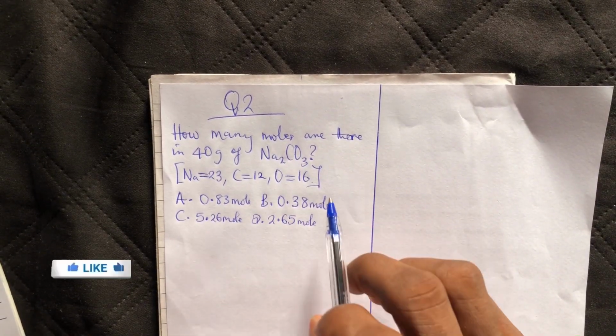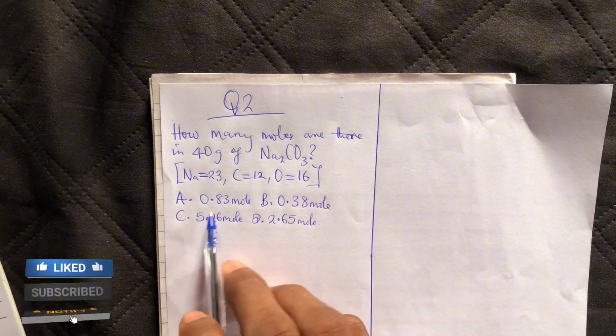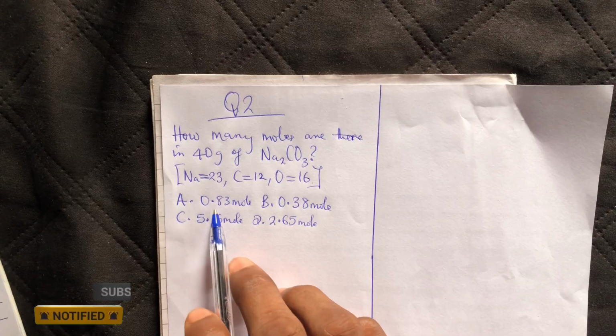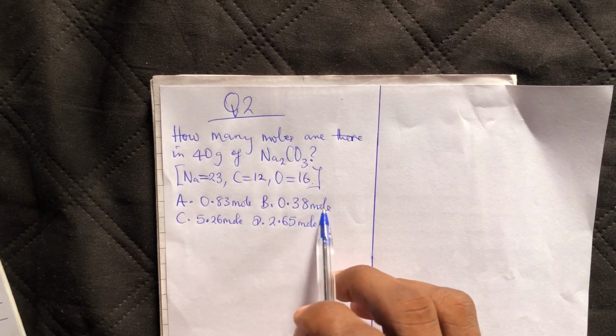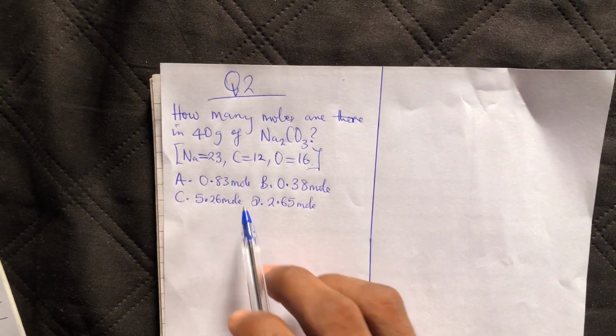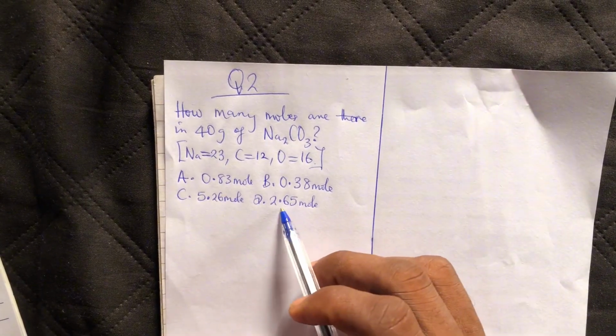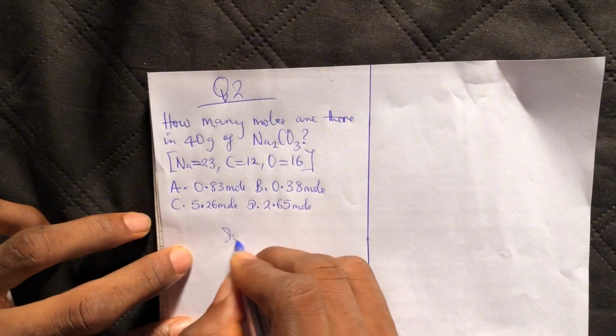We are also going to know as we move on, all right? So look at the options. Option A is 0.83 mole. Option B is 0.38 mole. Option C is 5.26 mole. And option D is 2.65 mole. So, solution.